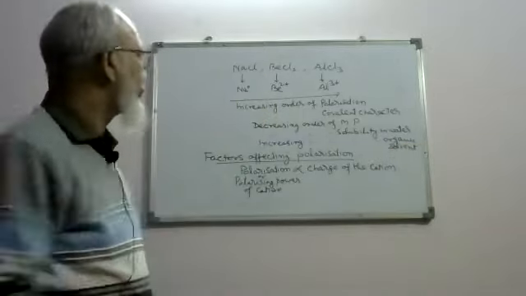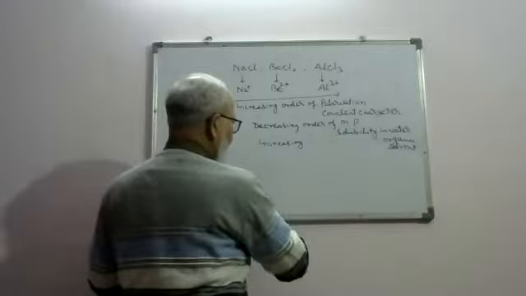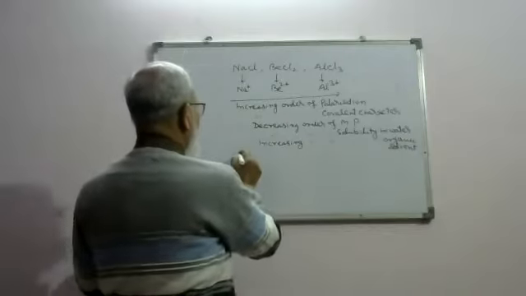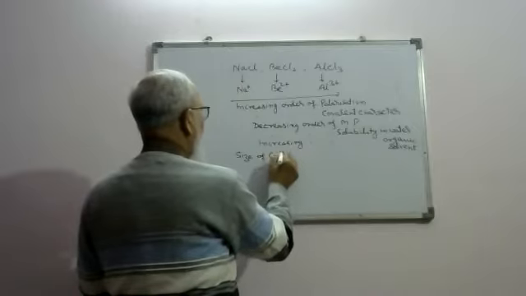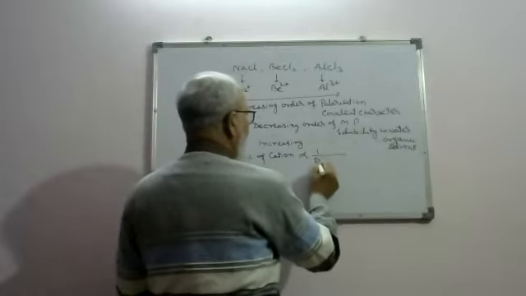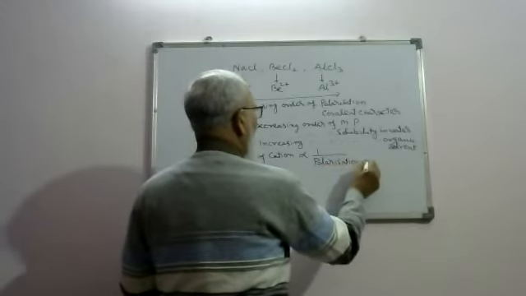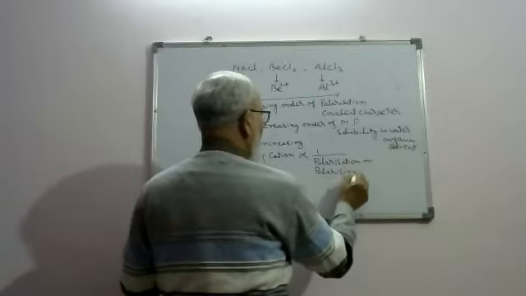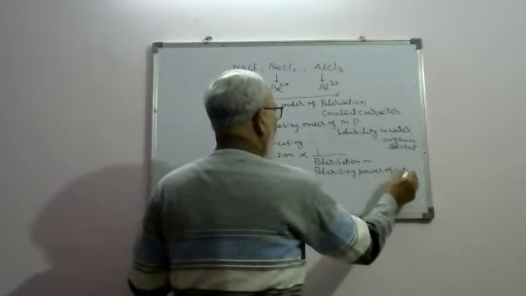Now another factor which affects the polarization is the size of the cation. The size of the cation is inversely proportional to the polarizing power of the cation.